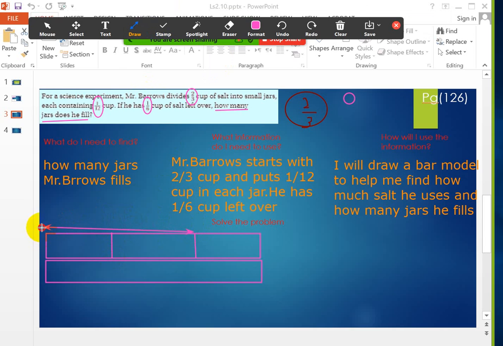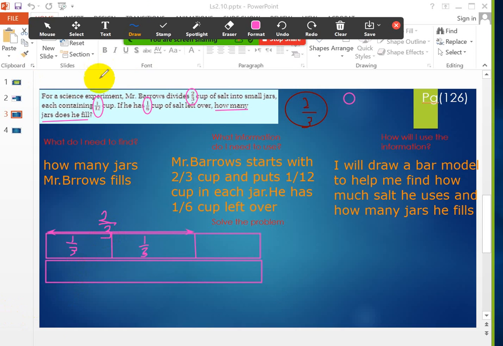Okay, from here to here, because each one is 1 over 3. This one and this one. That means those 2 parts are 2 over 3. Okay girls?